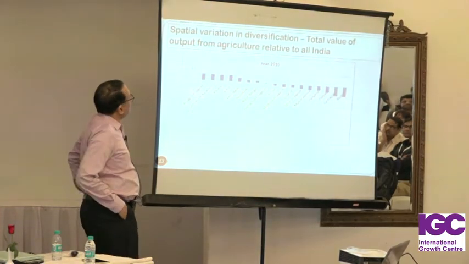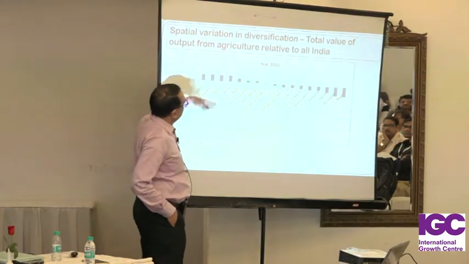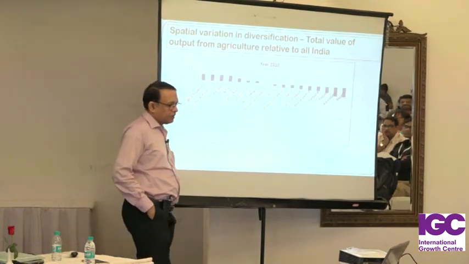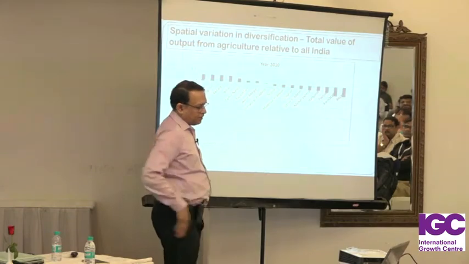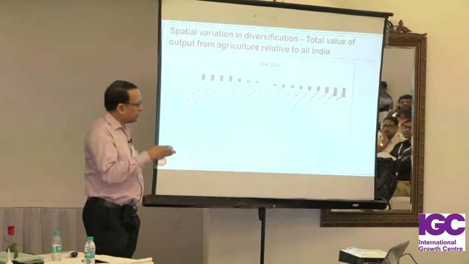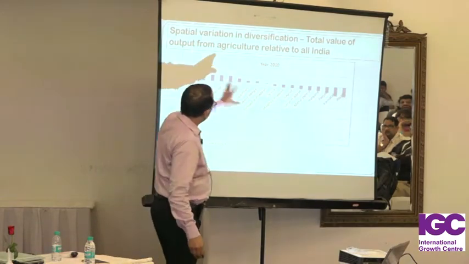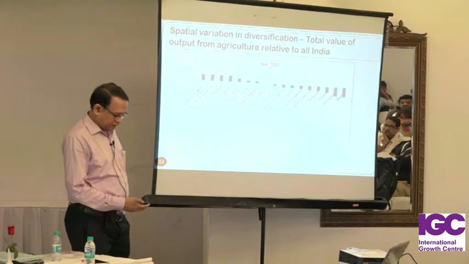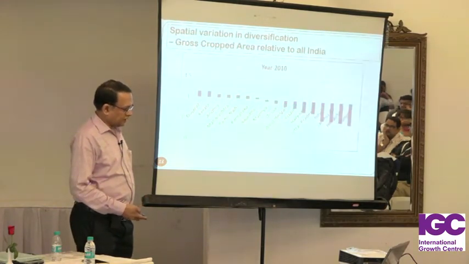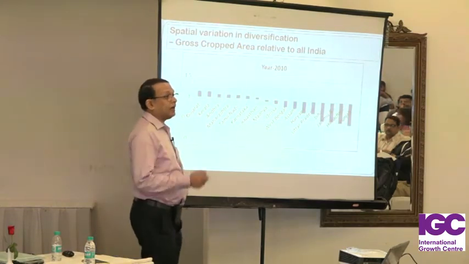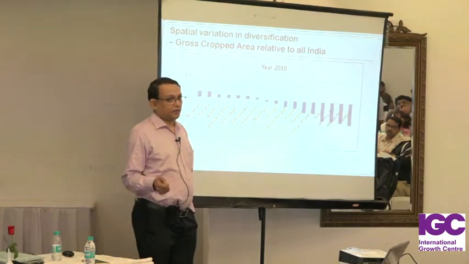And so this is, again, shown in terms of various metrics. That was in terms of value of output. This is in terms of value of output from agriculture relative to India. Again, you find some amount of variation. Some states are less diversified than others, and so on. This is in terms of the allocation of land to various crops.